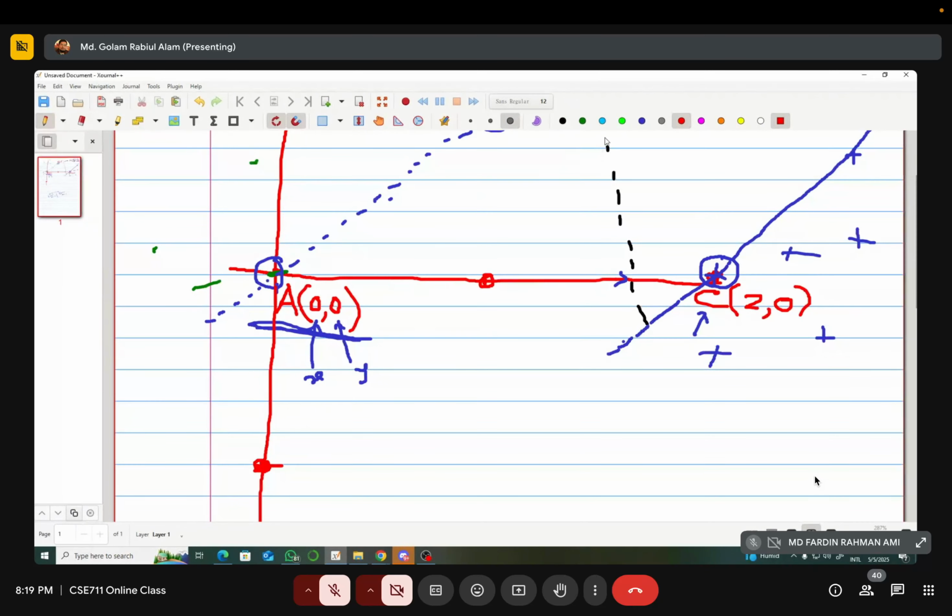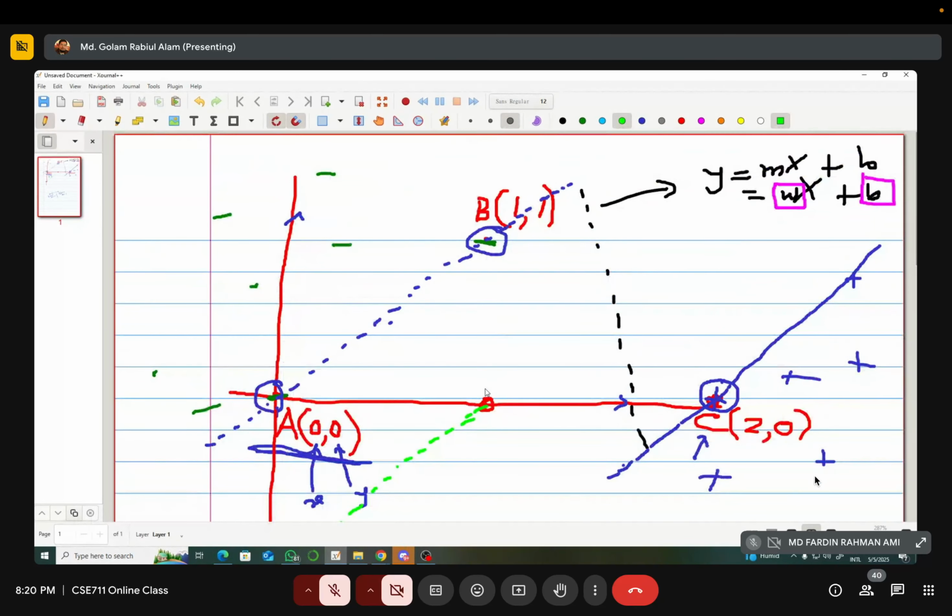Now if we just draw, we can connect these two data points and extend it further. Okay, so this is our hyperplane equation.